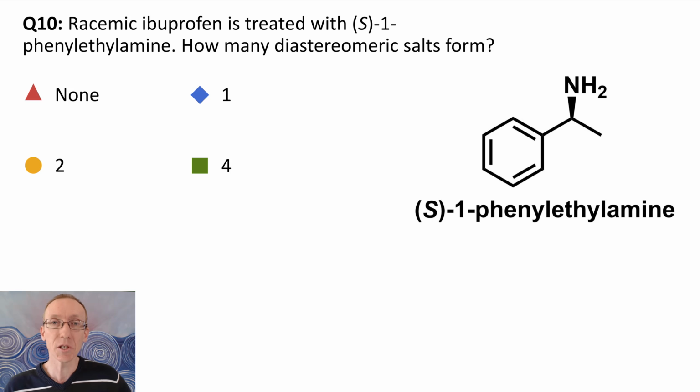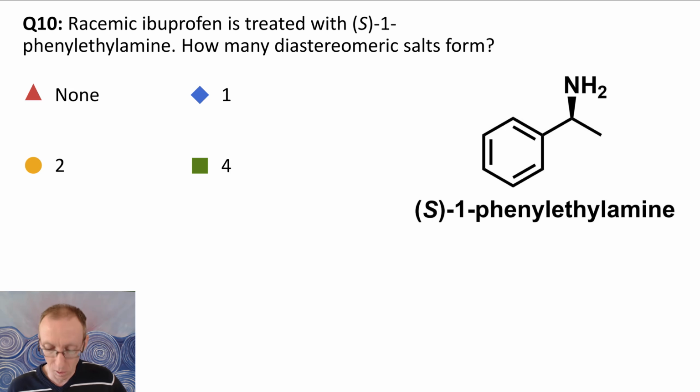Okay, last question. Question 10. Racemic ibuprofen that we were just talking about can be treated with this chiral amine, one enantiomer of this chiral amine called phenylethylamine. And we're treating with the S enantiomer of phenylethylamine. How many diastereomeric salts can form?